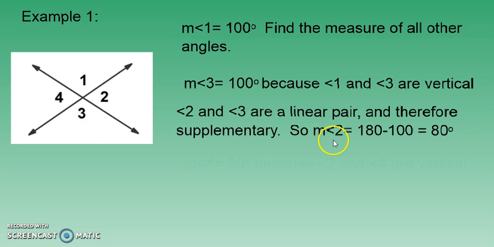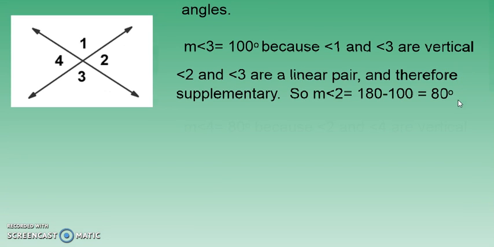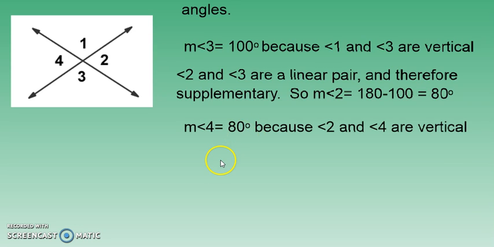So the measure of angle 2 equals 180 minus 100. I'm just finding out what's left over to get to 180, and that would be 80 degrees. So I know the measure of angle 2 is 80 degrees. And then finally, the measure of angle 4 is also 80 degrees because angle 2 and angle 4 are vertical and they are congruent.